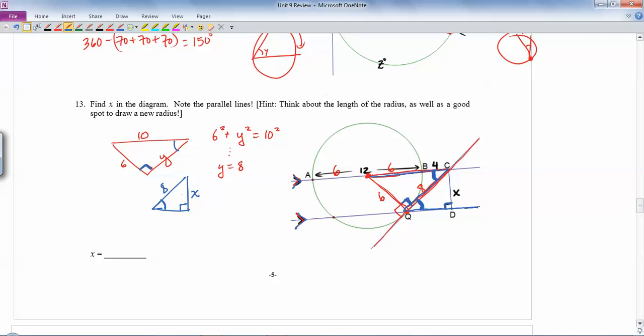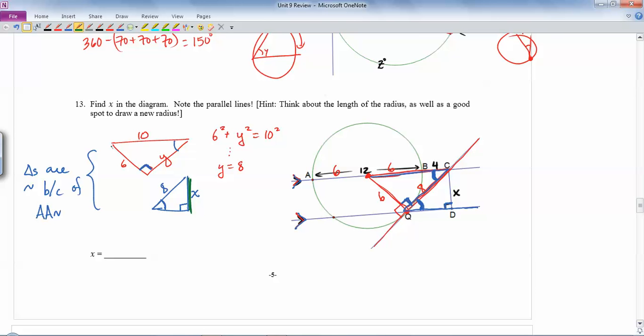Well, these two triangles are similar. The triangles are similar because of angle-angle similarity. So that means I can set up a ratio. So let's see. I need the x involved. The x is between the right angle and the one with no curve.